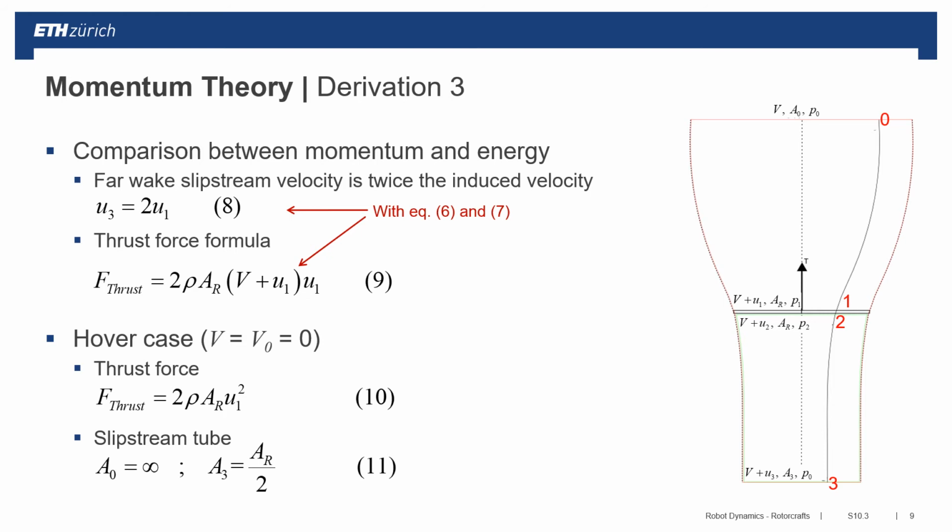Again, we have a relation which is squared in the speed, which is typically standard in aerodynamics. Furthermore, we can assume that the inlet surface goes to infinity, which intuitively is clear, as we have a very high inflow surface. If we assume this, we can then directly calculate that the outlet surface A3 is half the surface at the rotor disc.